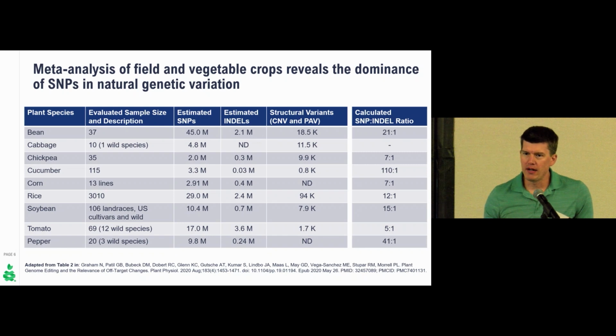So the reason that matters to us is that we've found that natural genetic variation is by far the most valuable source of knowledge when we're trying to design alleles for gene editing. And so because of that, the abundance of SNPs in nature is significant to their importance in plant traits.